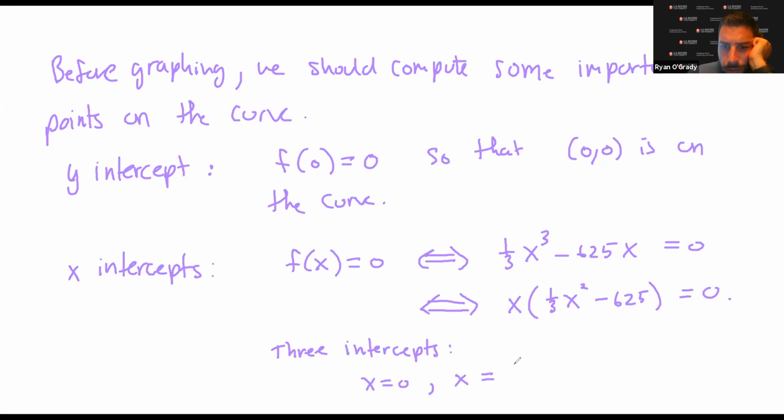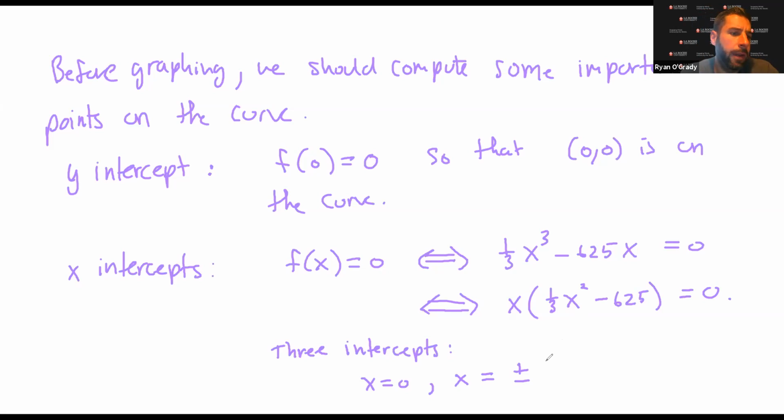And then x equals, well, you're going to get a square root, 2 of them, because if I solve 1/3 x squared equals 625, that's the same thing as taking 3 to the other side. So if you just do a little bit of algebra, 625 times 3 is 1875.